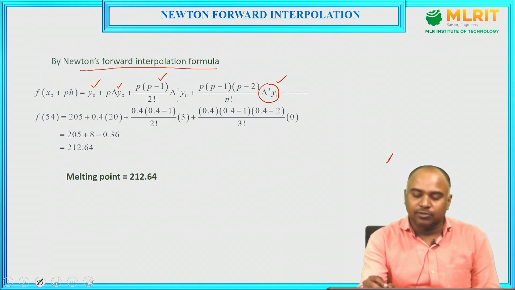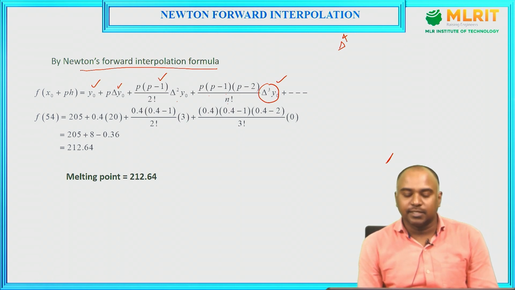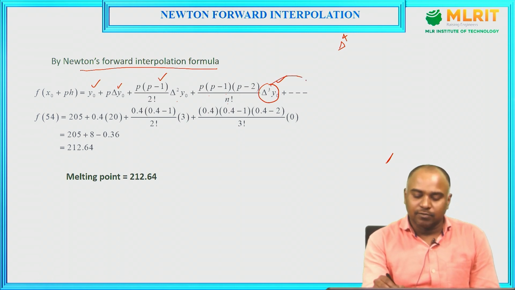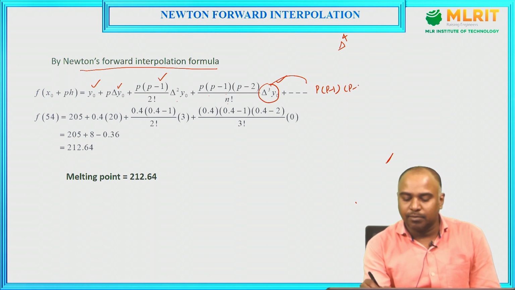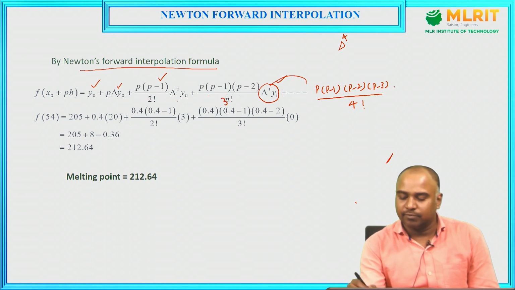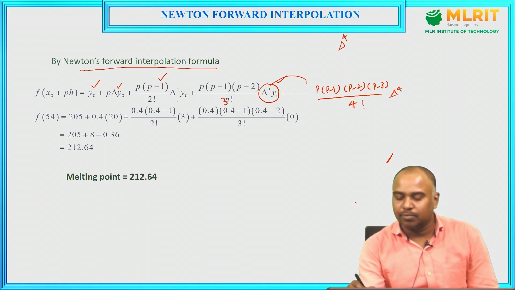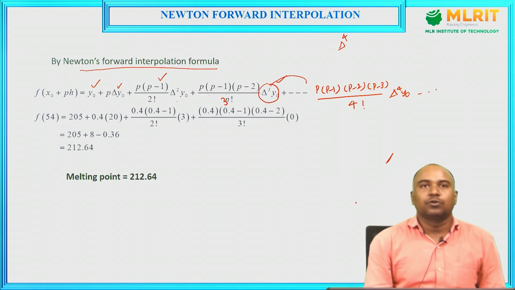If the table had delta power 4, the formula would be extended by one more term: p into (p minus 1) (p minus 2) (p minus 3) by 4 factorial delta power 4 y0, and so on.